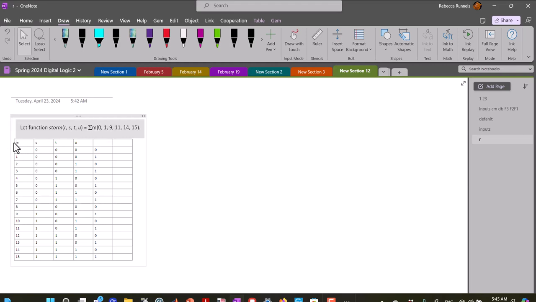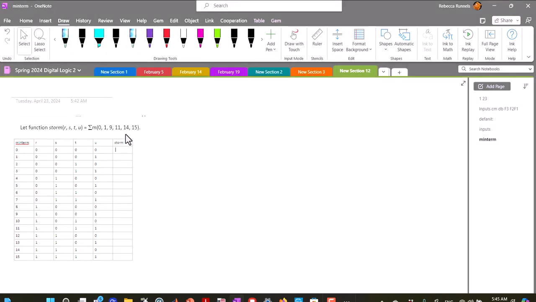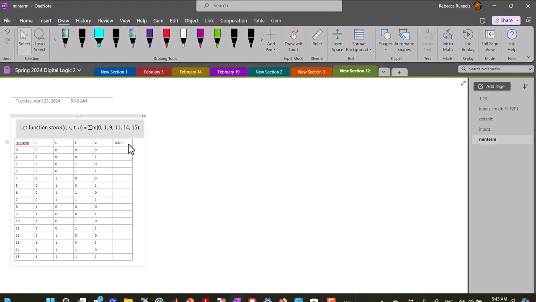So the first column is my min-term, and then R, S, T, and U, and then my function is named storm, and it has a value of 1 for min-terms 0, 1, 9, 11, 14, and 15.